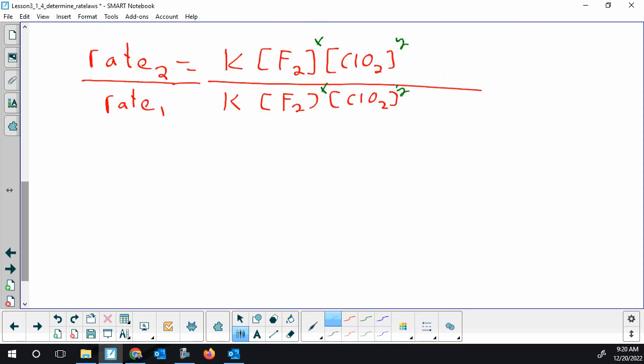So rate 2 is 4.8 times 10 to the minus 3. I'm going to leave my units out just to keep things cleaner. It's not the nicest presented solution, but again, it makes the presentation and the algebra cleaner. Rate 1 is 1.2 times 10 to the minus 3.